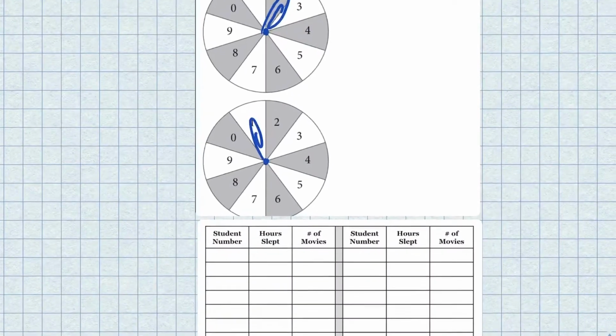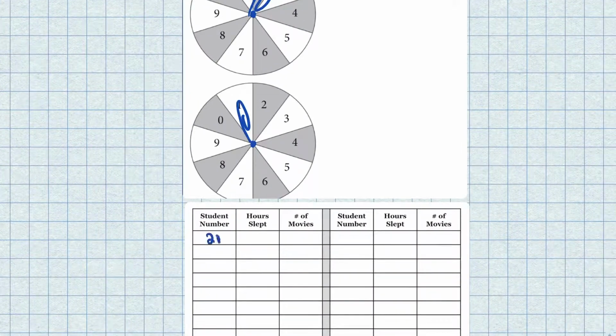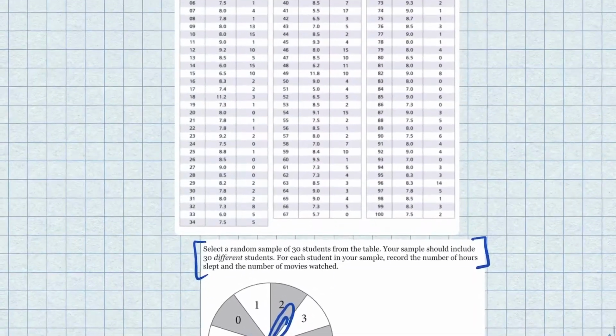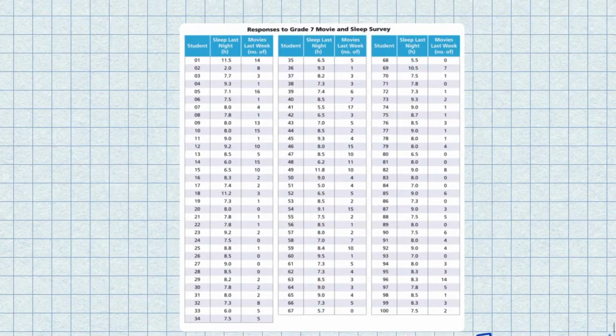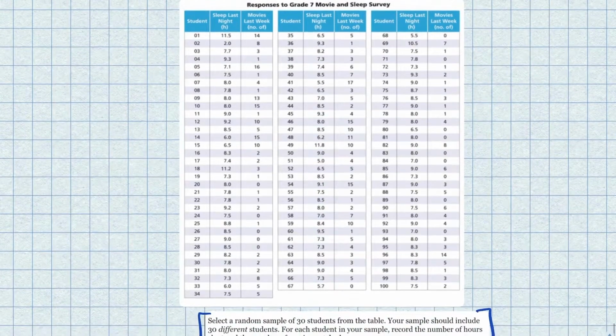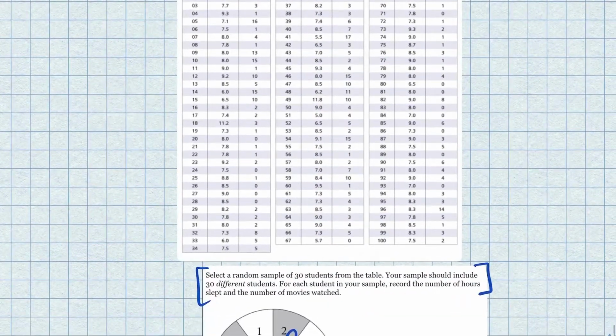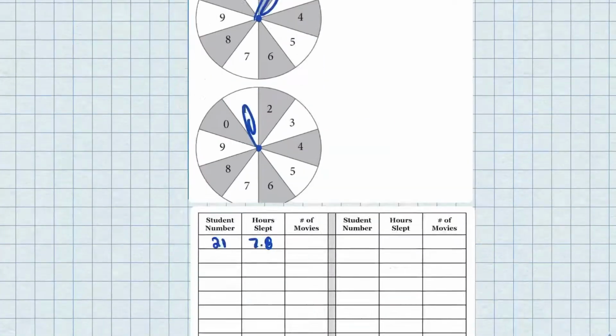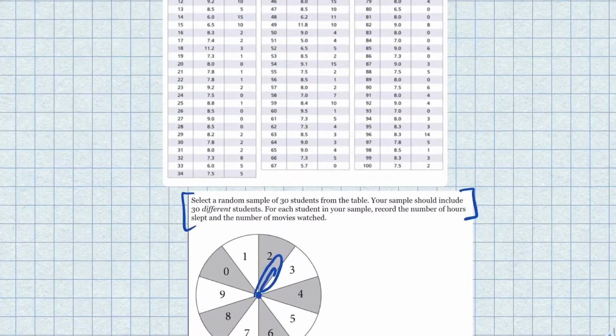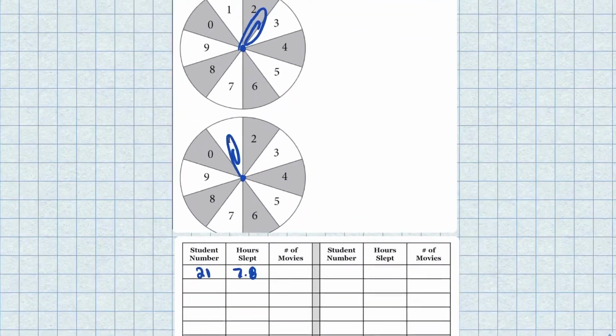So I'm going to write student number 21 in my table, and then I'm going to copy down their data: sleep last night and number of movies. So 7.8 hours of sleep, and the number of movies is 1.